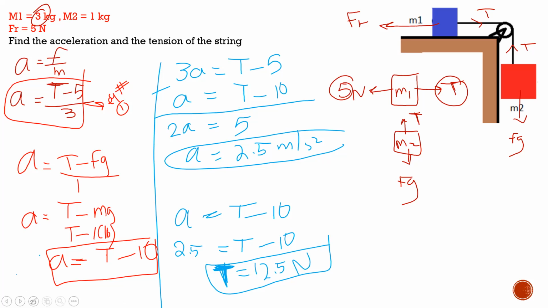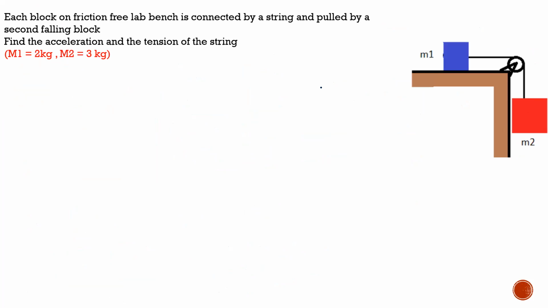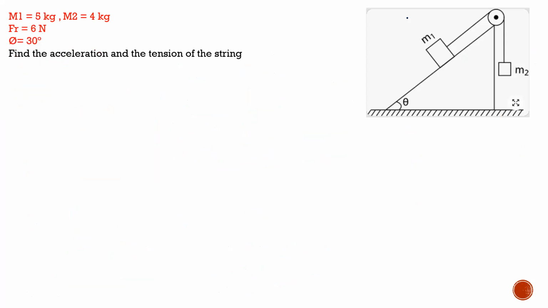Now let's talk about the last example here. Now we have two masses, but one of the masses moves on an inclined surface. We have M1 is 5, M2 is 4, there's a friction force of 6 Newtons, and an angle theta or alpha of 30 degrees.